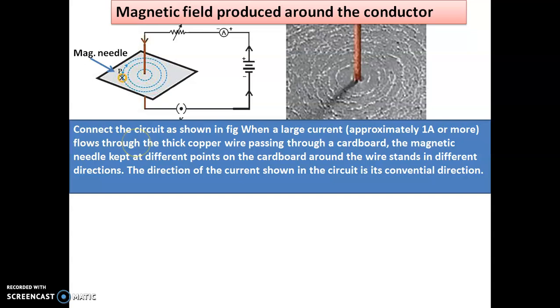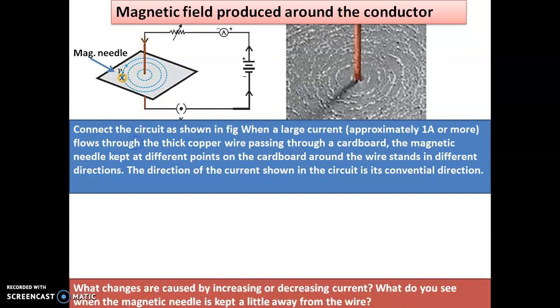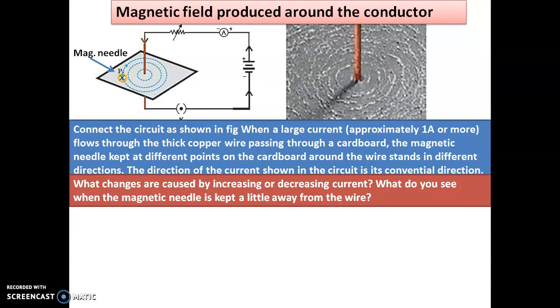The direction of the current shown in the circuit is its conventional direction, that means the direction in which the current flows. What changes are caused by increasing or decreasing current? What do you see when the magnetic needle is kept a little away from the wire? What do you think, children?